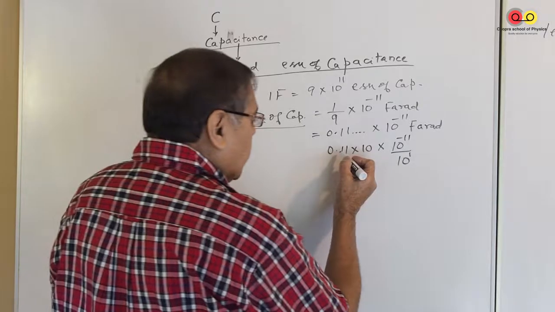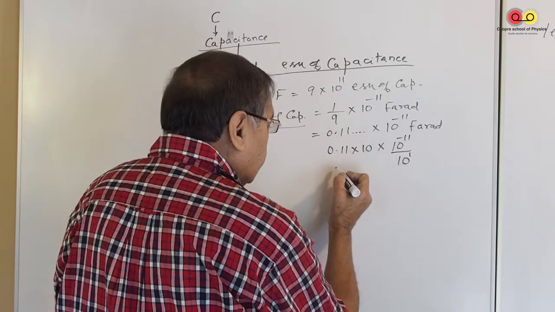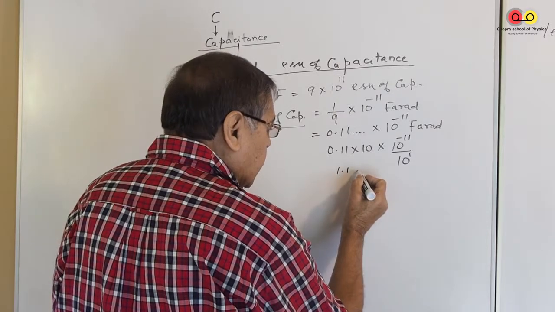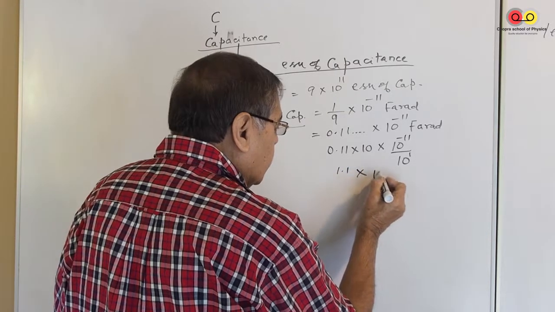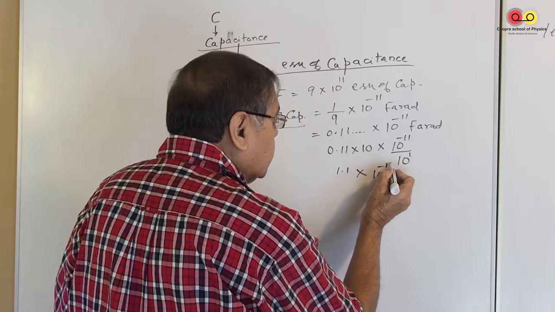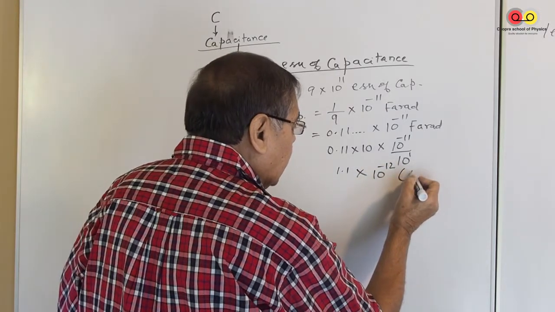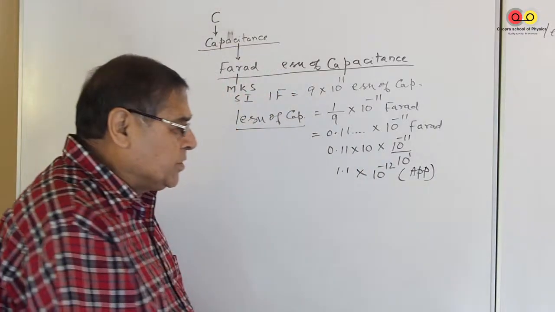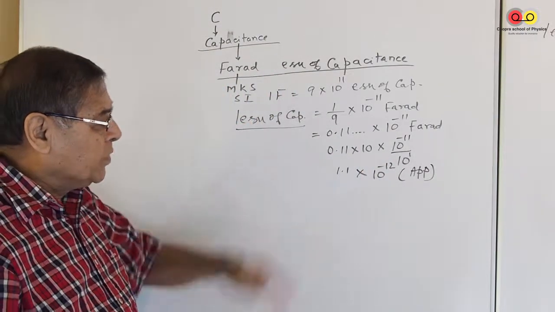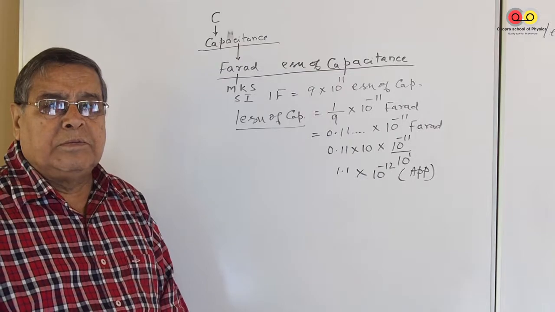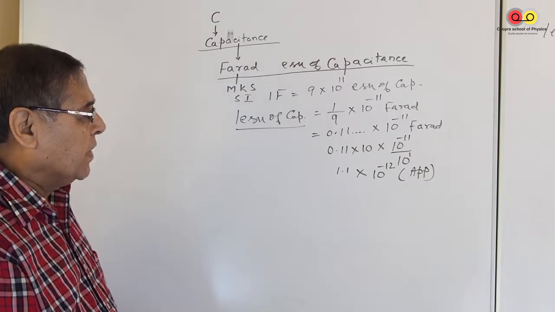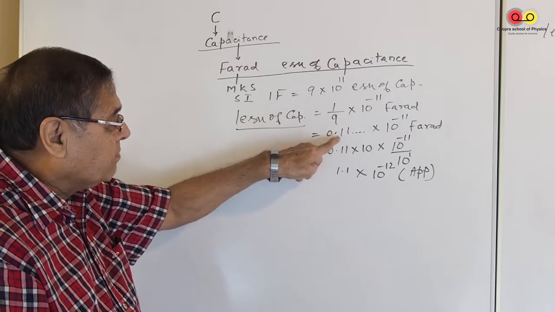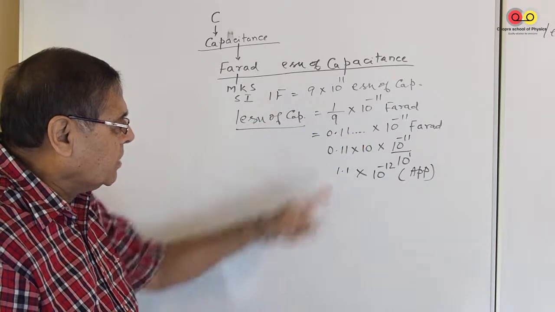Now, 0.11 multiplied by 10 will be how much? 1.1 approximately. And it is 10 to the power minus 12. I have written the approximation. So in the examination, when the number is to be used, we must take the approximation or the order of the number. So when we say it is 1 over 9, it is 0.11 in approximation.